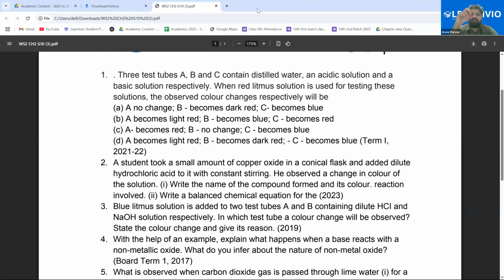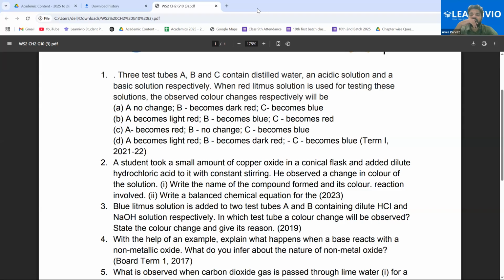Red litmus paper is used for testing, and we observe the change. In A there is no change, in B it becomes dark red, and in C it becomes blue. Is it correct or not correct?